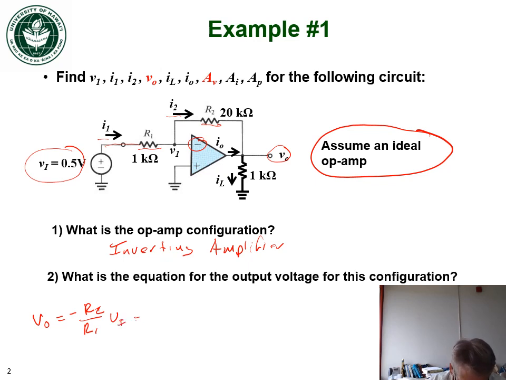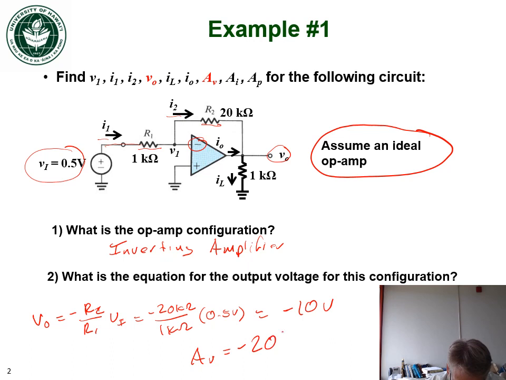And so this would equal minus 20 k ohms over 1 k ohm times 0.5 volts, which is going to equal minus 10 volts. In other words, the voltage gain AV is equal to minus 20 volts per volt.